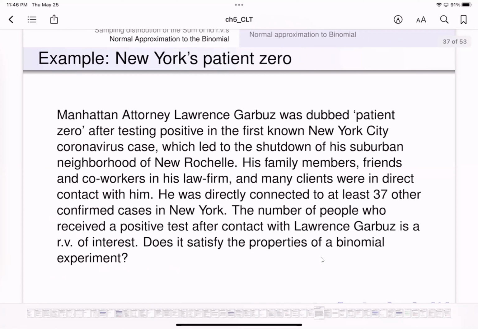So there are at least 37 other confirmed cases in New York connected to him. For this one, we want to look at the number of people who received a positive test after contact with this lawyer, and that's a random variable. Does it satisfy the properties of a binomial experiment?